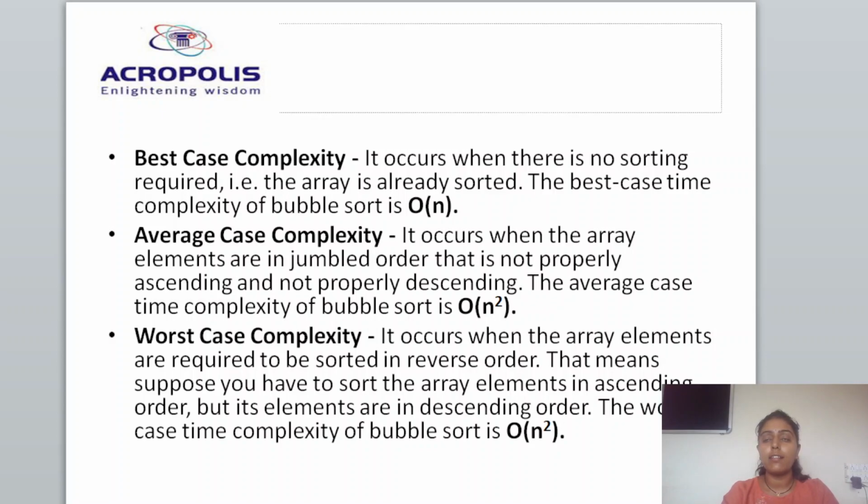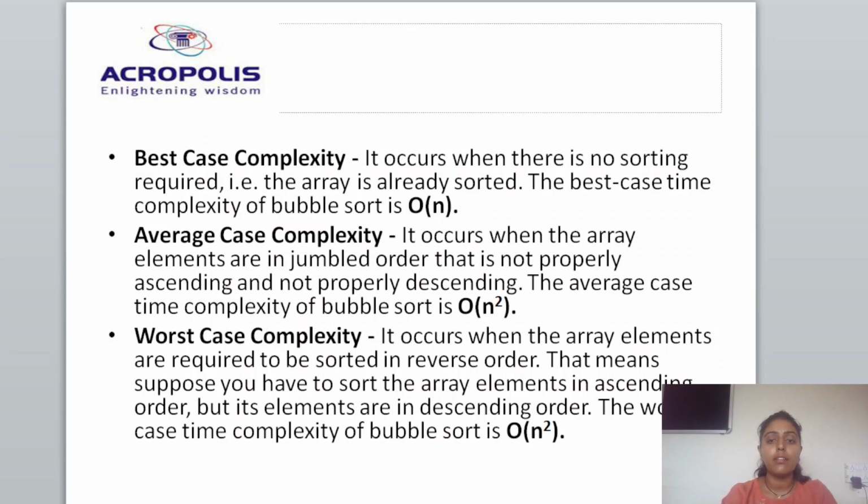The average case time complexity is O(n^2). The worst case occurs when the array elements need to be sorted in reverse order. That means, suppose you have to sort the array in ascending order but its elements are in descending order. The worst case time complexity of bubble sort is O(n^2).